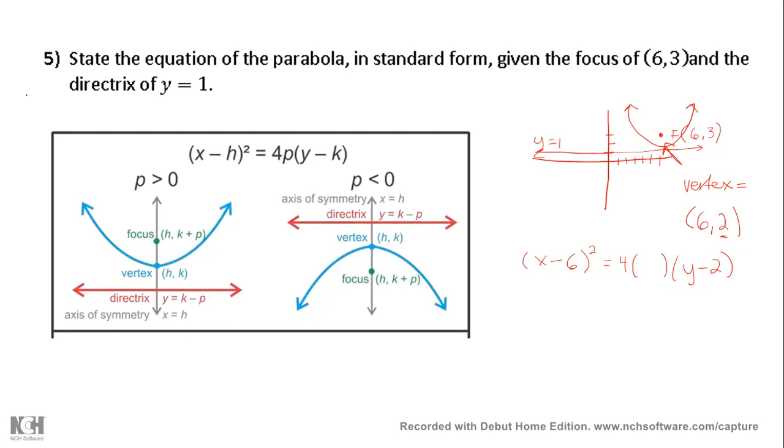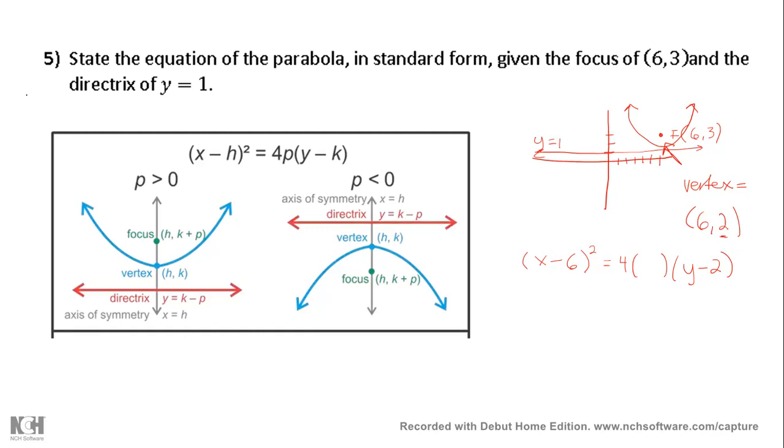Now the p-value is the distance between the focus and the vertex, or between the vertex and the directrix. Whichever you choose, it's going to be the same thing. You just have to keep in mind that if the parabola is facing up, p is positive. If it's facing down, it's going to be negative.